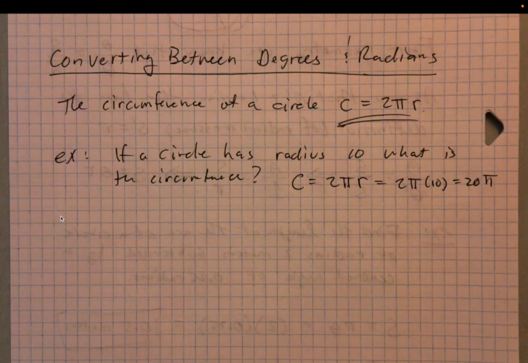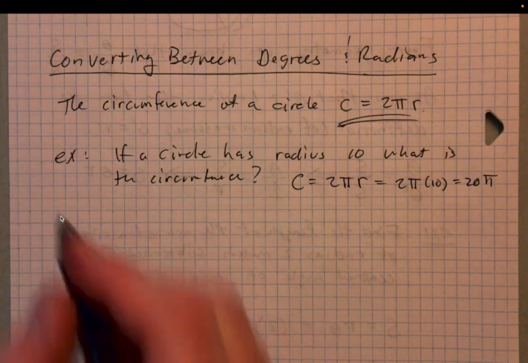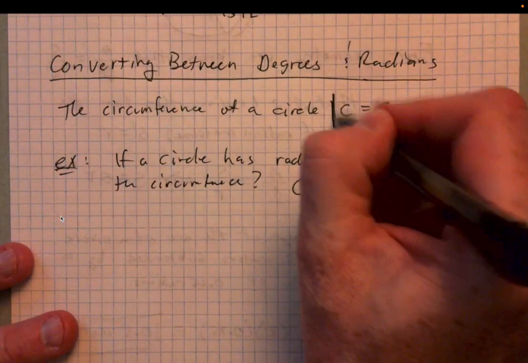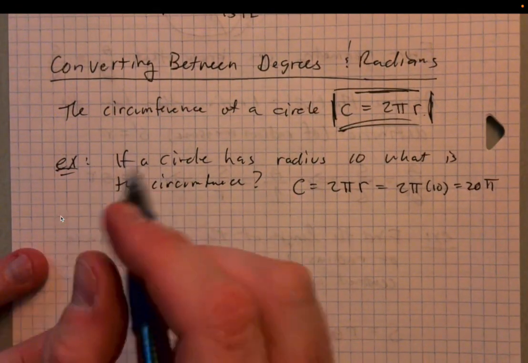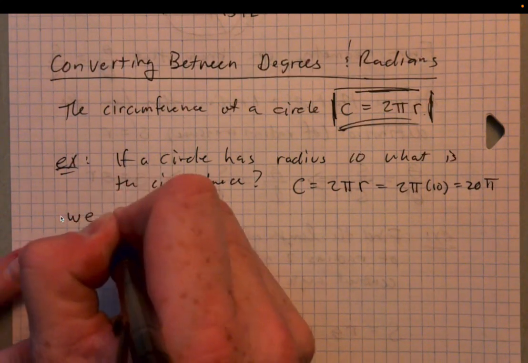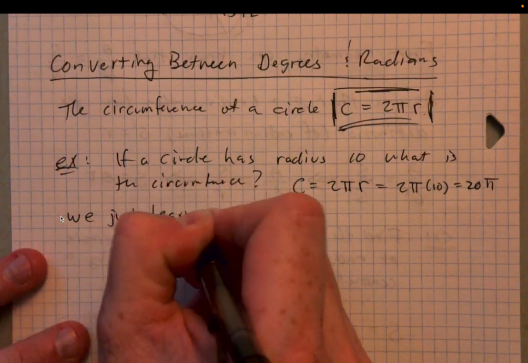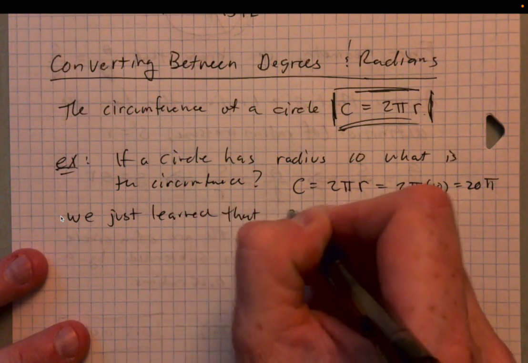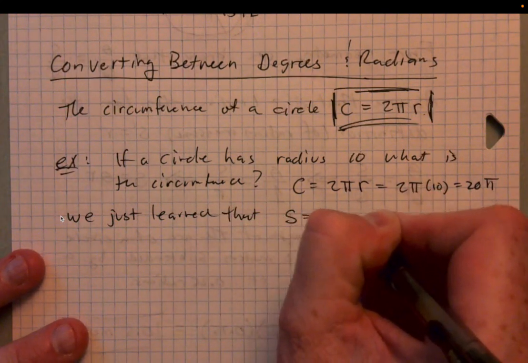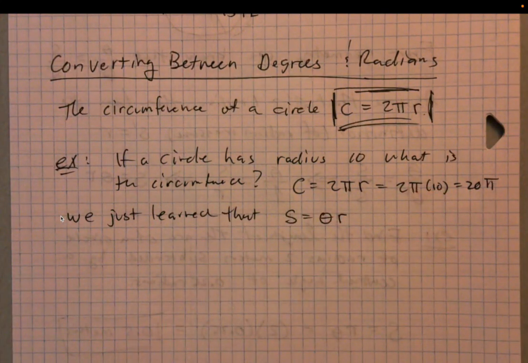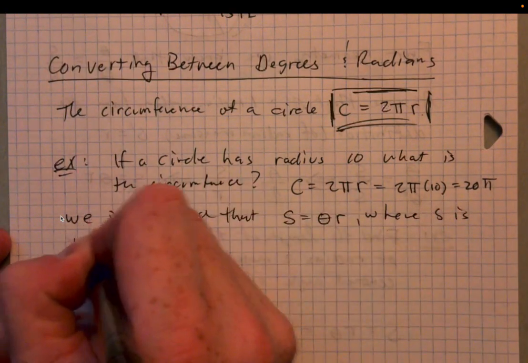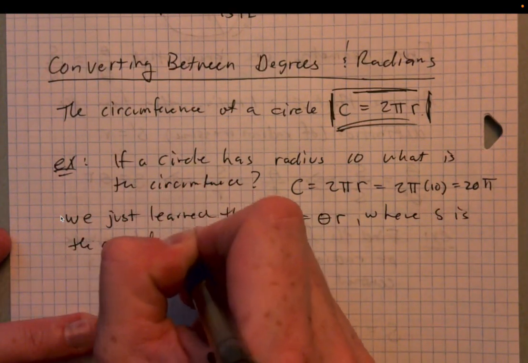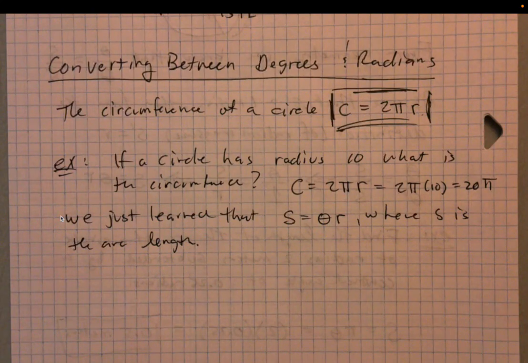Okay. So we've got this formula for the circumference. We just learned another formula, and that is that S equals theta times r, or r times theta, however you prefer to think of it, where S is the arc length.